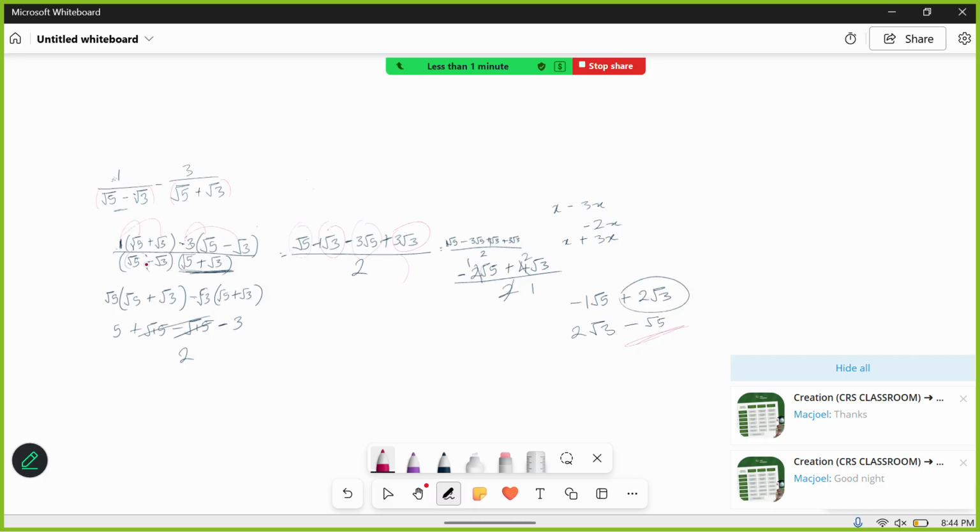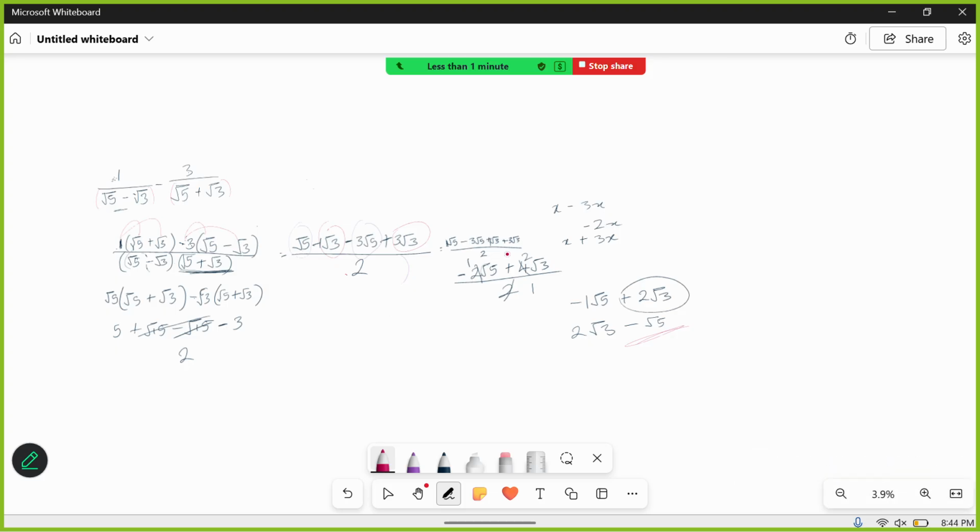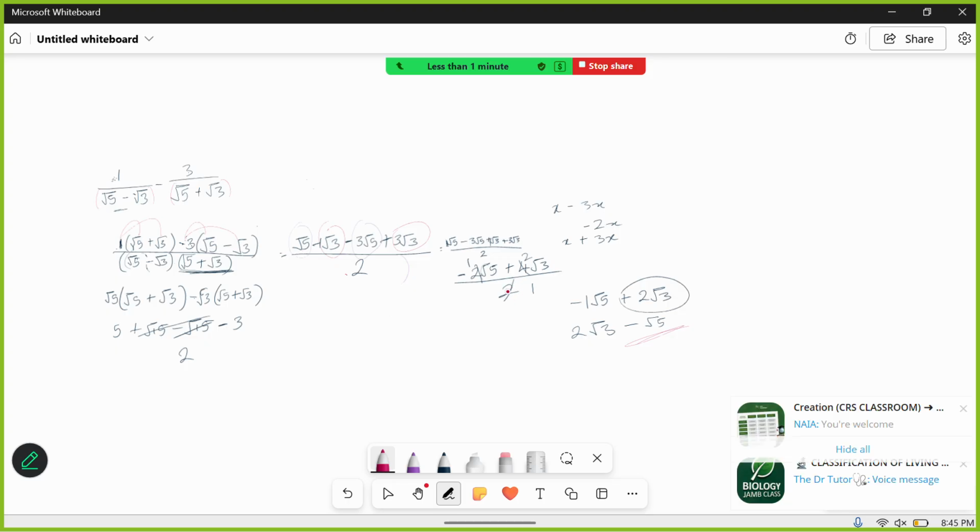The next thing I did was I multiplied the down too, and after multiplying it down, this is what it gave me: 2. And when I added the up with like terms and added every like terms together, it gives me this. Then I divided by 2 across them because 2 can go, and it gave me 2 root 3 minus root 5. That's our final answer.